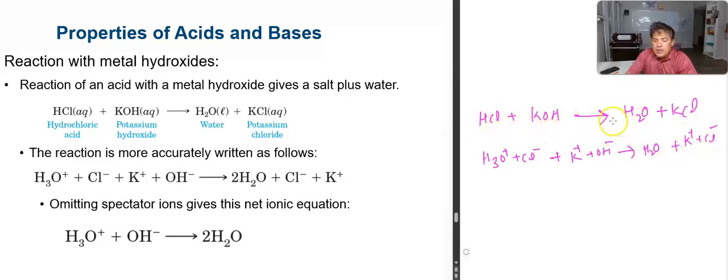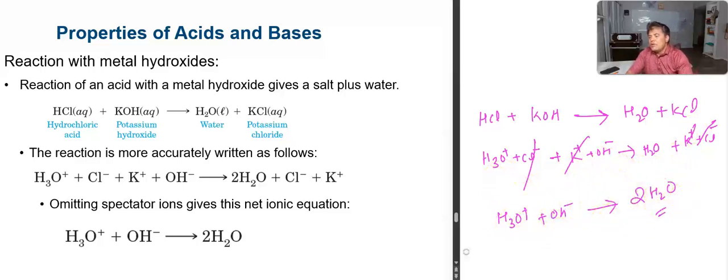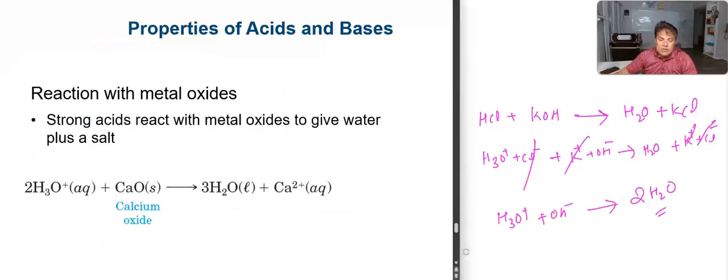Chlorine cancels as a spectator ion, and then H3O+ plus OH minus gives you 2H2O. Done. This way we can have the net ionic or total ionic equation in this case.